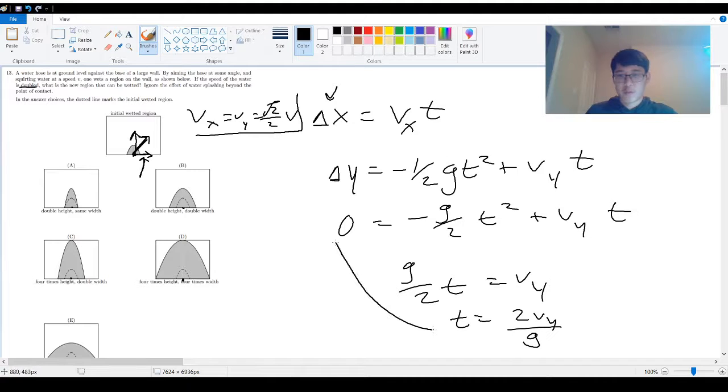And then if we plug that back in, the range equals vx times t, so 2 vx vy over g. I want to plug in terms of v, because the question says the speed v is doubled.